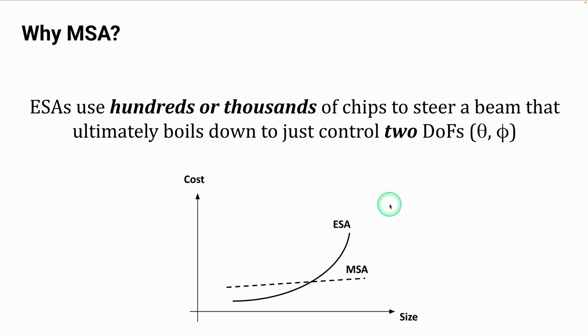One more reason that I should point out is that ESAs essentially rely on hundreds of thousands of chips to achieve what essentially boils down to only 2 degrees of freedom. As an engineer, we can say that there must be some opportunity for optimization.